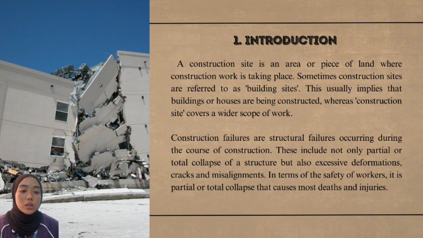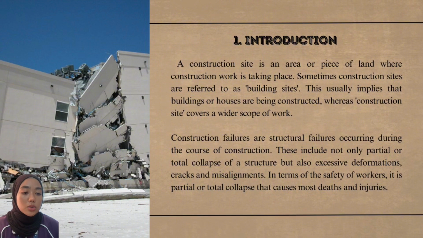For the introduction, a construction site is an area or piece of land where construction work is taking place. Sometimes the construction site is referred to as a building site, which usually implies the building or housing that is being constructed, where the construction site covers a wider scope of work.